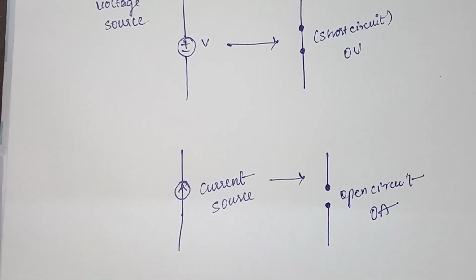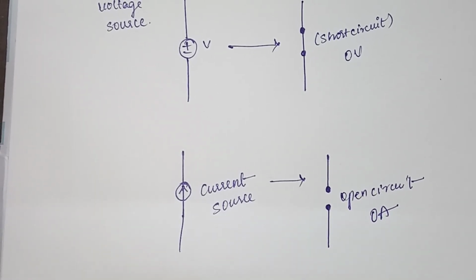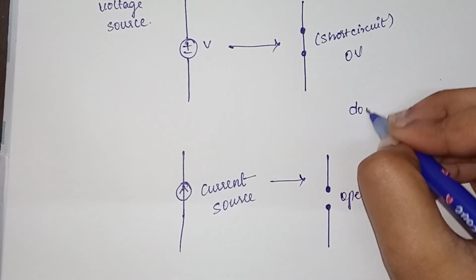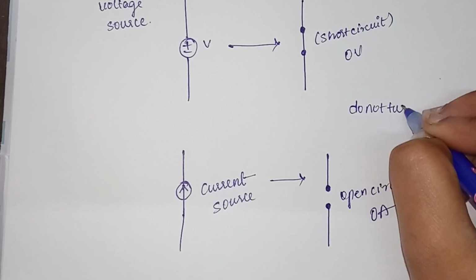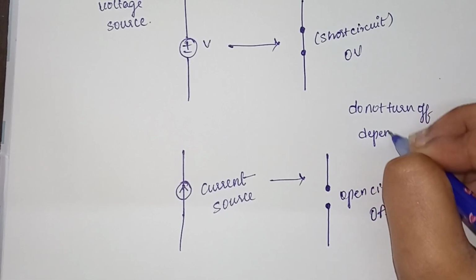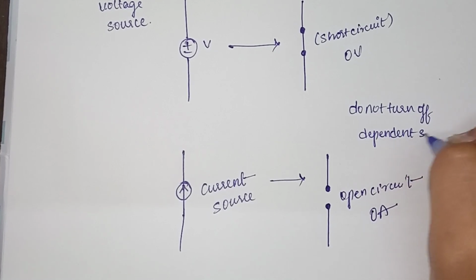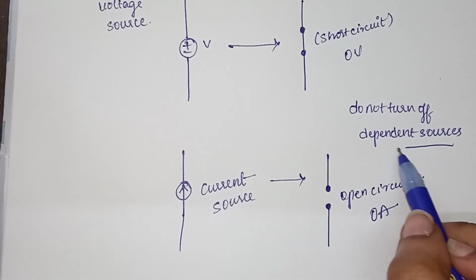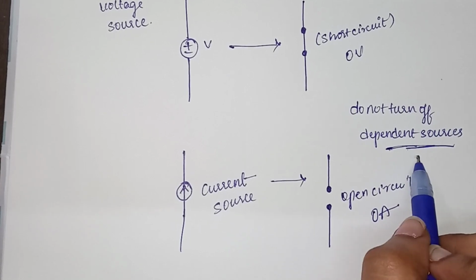At a time, we should not turn off dependent sources. We shouldn't touch them either. So keep this point in mind: do not turn off dependent sources. We should only focus on independent sources.